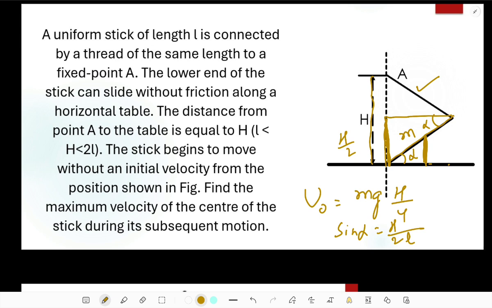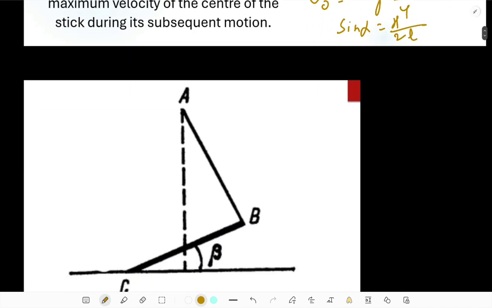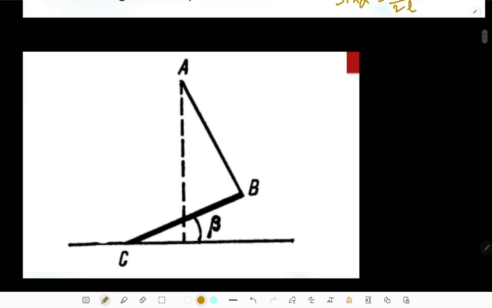But when the stick moves, its total energy at any given moment is composed of potential and kinetic energy of the rod. So let me show you a picture. At that given moment I'm talking about, any time t, you can see the picture here. This is one end of the stick, and this is the other end of the stick.